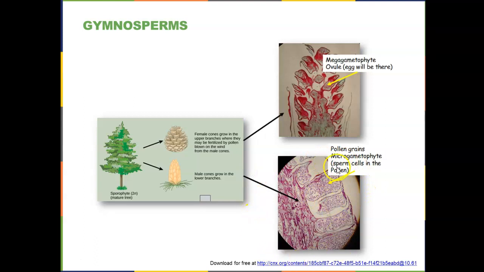The cone is diploid. The sporangia are diploid, but the cells in them, the spores, are haploid. These spores will also germinate, so they will turn into multicellular little tiny male gametophytes, and they will mature into a structure called a pollen grain and ultimately be released.